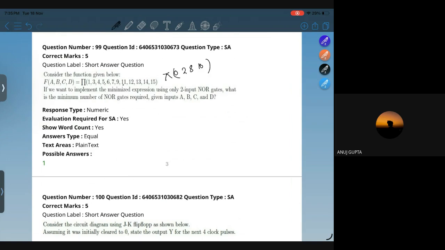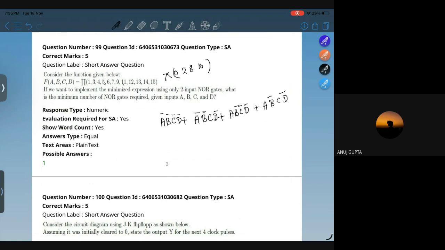Let's minimize it. So it is A B C complement plus A B A complement D C complement, and I think D is also there. D complement. This will be D complement, B complement. Then 8 is A B C D complement, plus 10 is 1 0 1 0, so A B C D, B complement D complement.